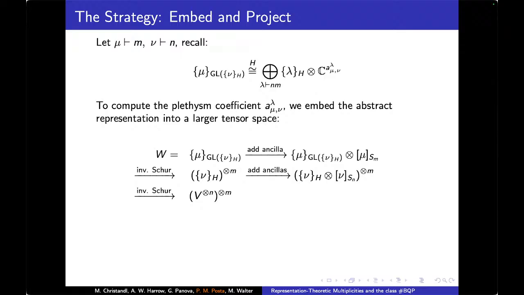Now that we have something on V to the N M, what we can do is just do a forward Fourier transform, because it's V to the something. And this gets us back to a Schur basis for the whole module.